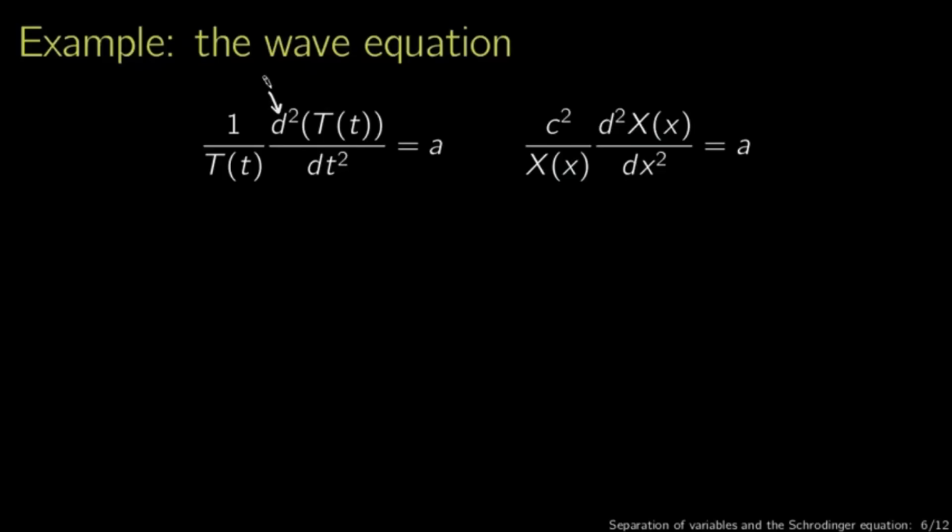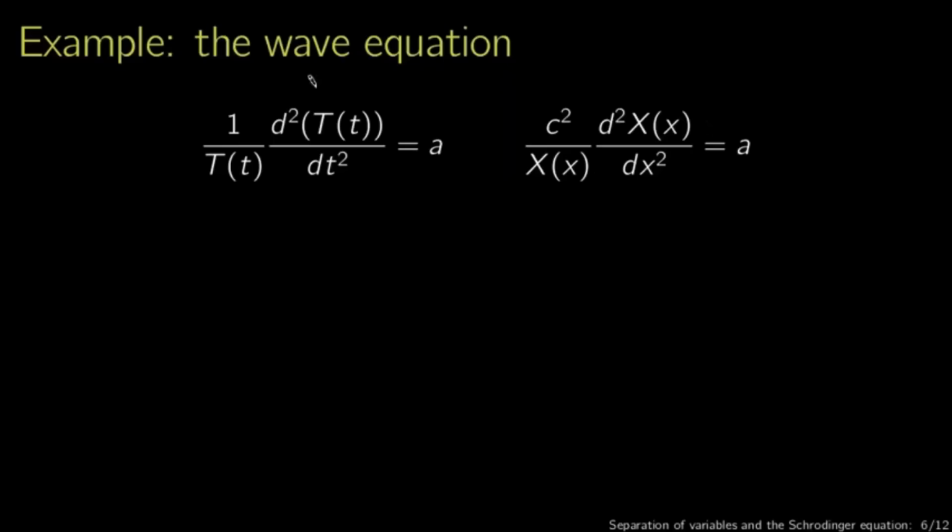We don't need to worry about what variables are being held constant and what variables aren't being held constant. So we can write this as total derivative with d instead of partial derivative with the partial derivative symbol. So we've reduced our partial differential equation into two ordinary differential equations.